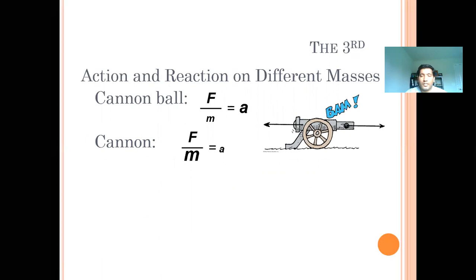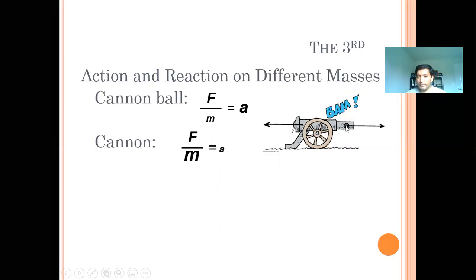Action and reaction on different masses. Look here. What is happening here? This is a cannonball. Boom. This is the cannon. The force exerted by the cannon on the cannonball is the action, right?